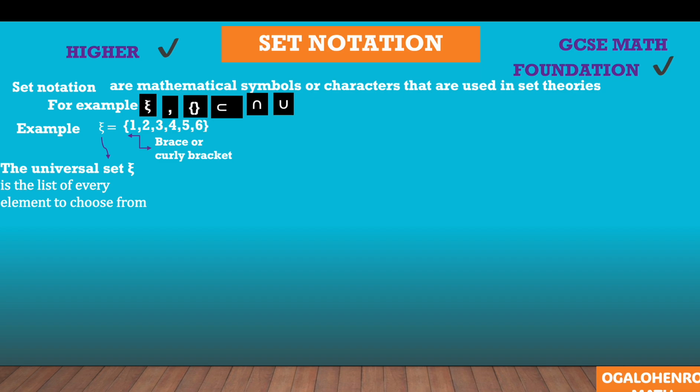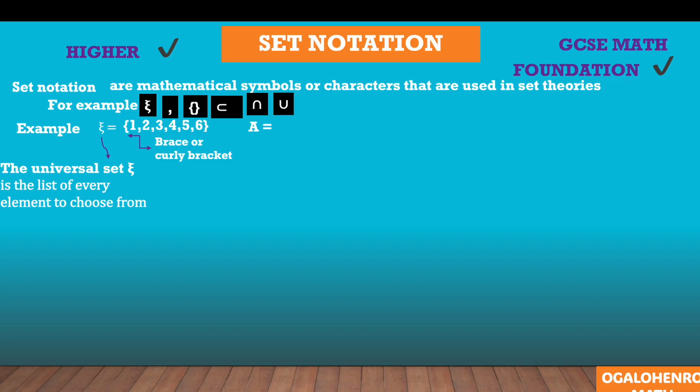Now, from this universal set, we are going to form smaller sets. Let's say, for example, we use the English alphabet capital letter A to form a smaller set, and we are going to choose the elements of this subset A from our universal set.